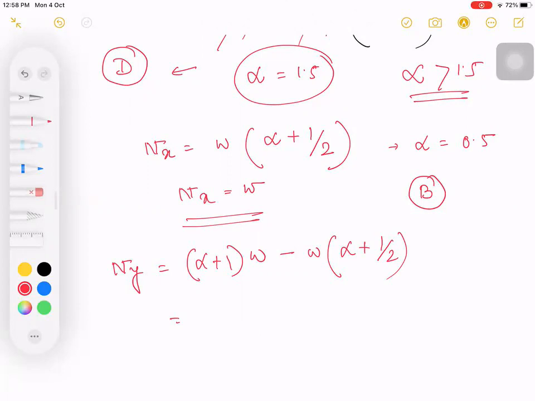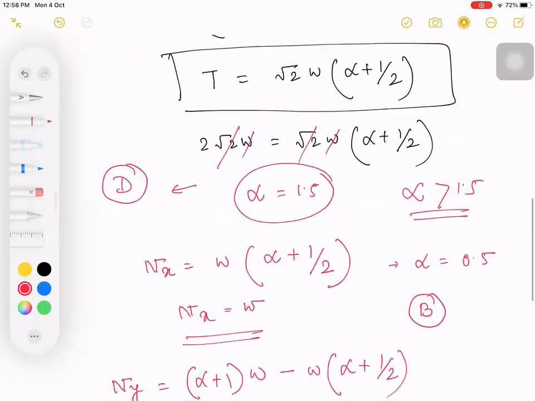You get alpha W minus alpha W. That means it's simply W by 2. Observe, Ny does not depend on alpha. So option A is correct. I hope you got it. In this equation, alpha cancels out. You are only left with W by 2. So Ny does not depend on alpha. So option A is also correct.